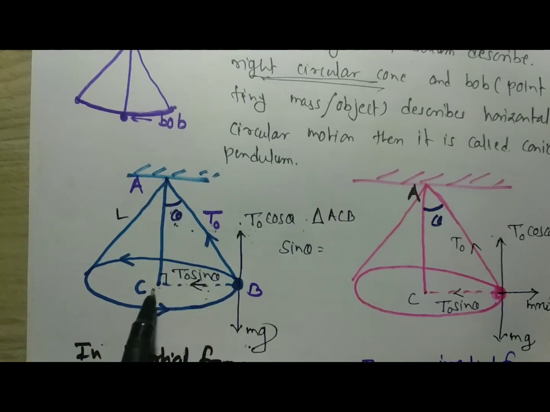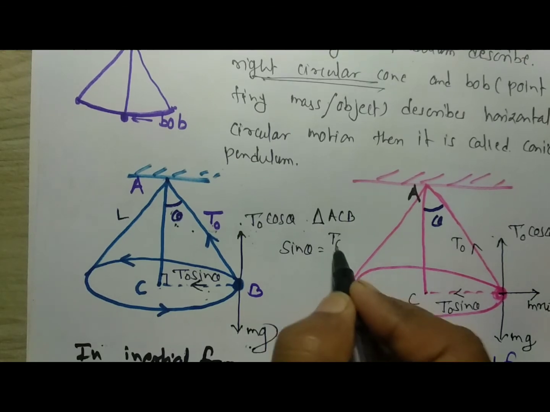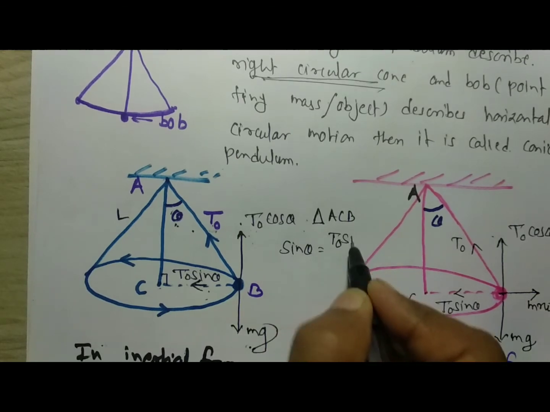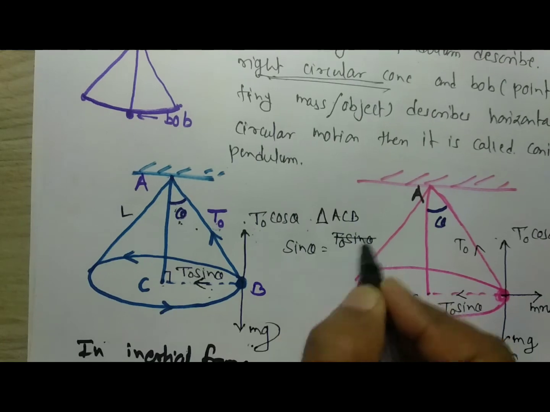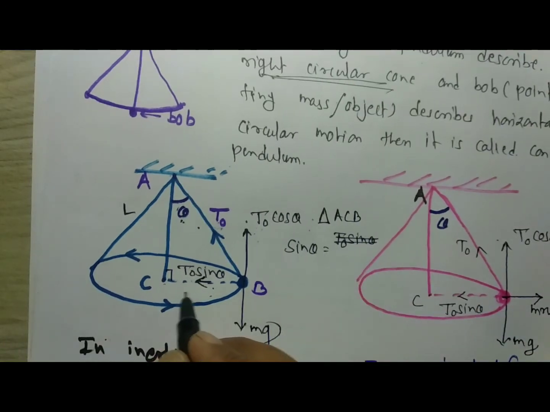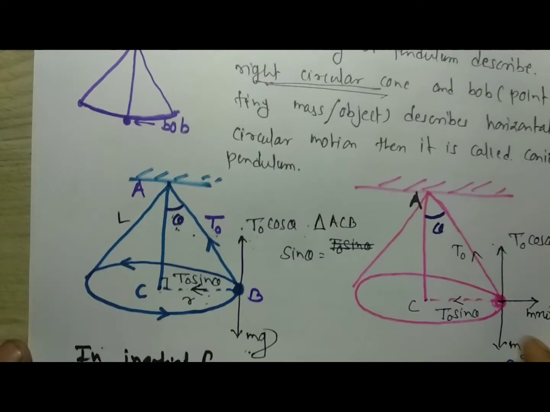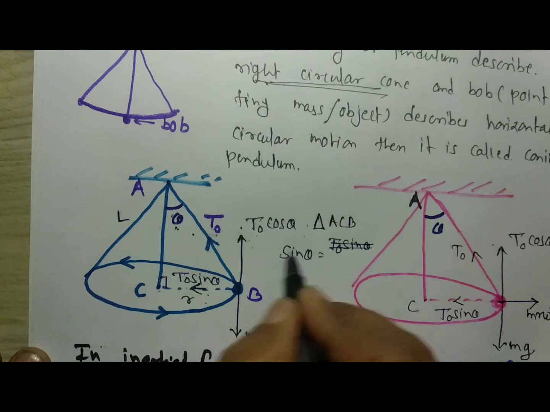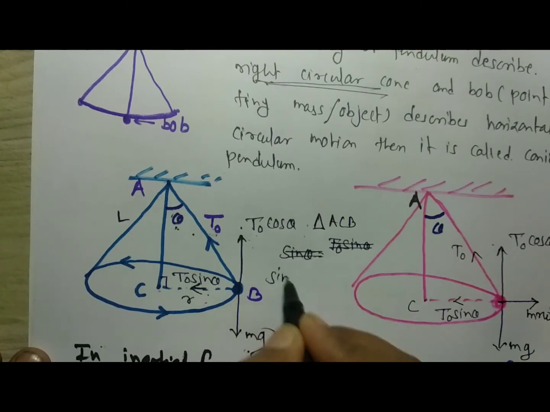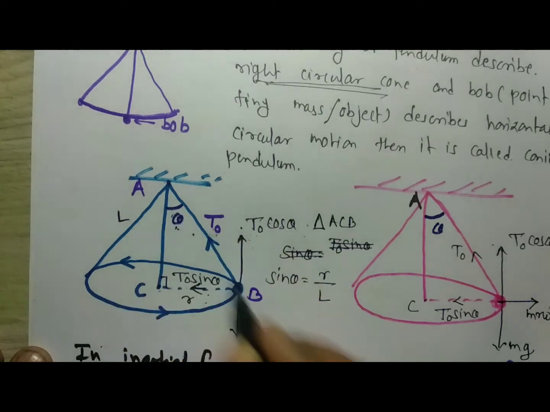The opposite side is BC, which is the radius of that horizontal circle, R. Therefore sin theta equals r divided by capital L, and transferring L, you get L sin theta.